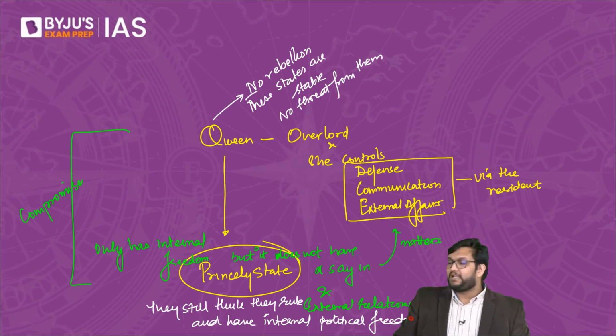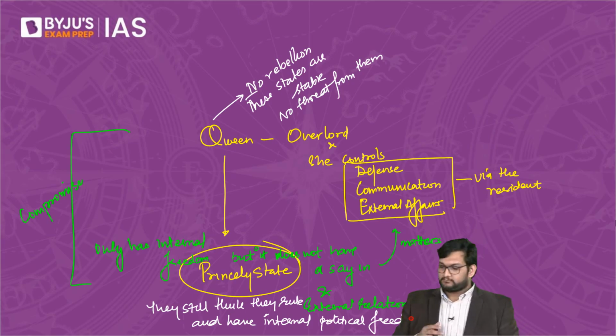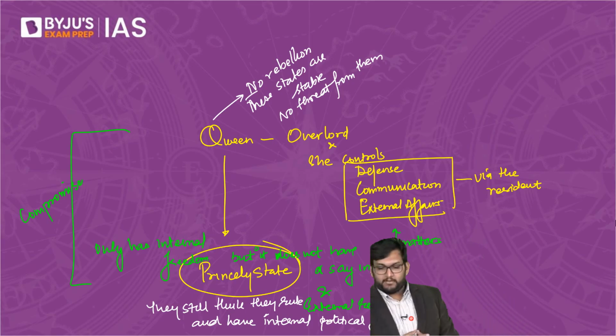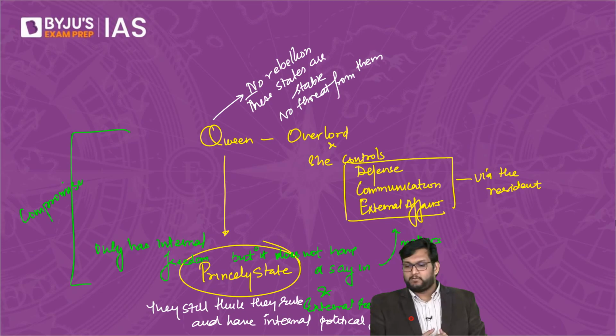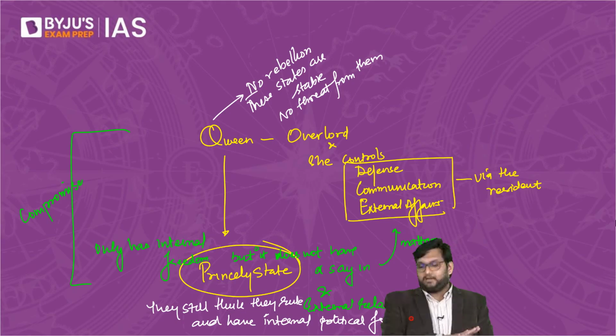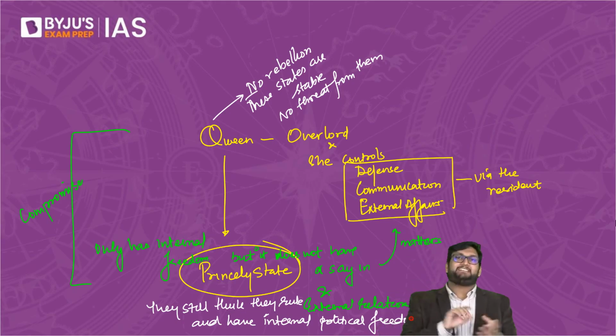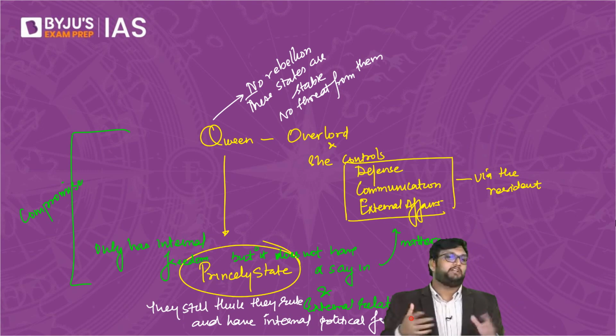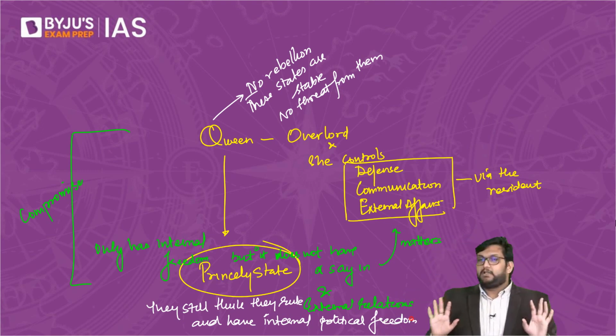If you make the subsidiary alliance formal, it becomes paramountcy. So, what is the synonym of paramountcy? Suzerainty. Overlordship. The taxation policy is nothing at all. They don't tax the princely states.